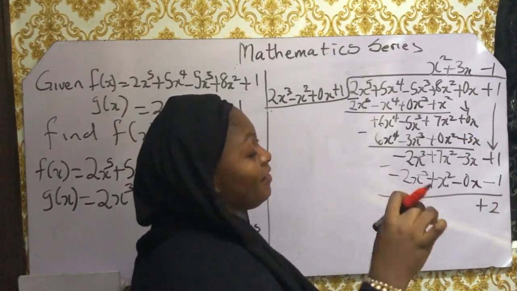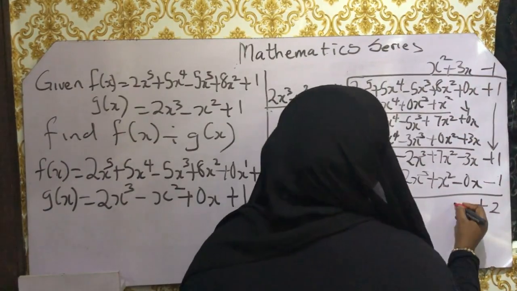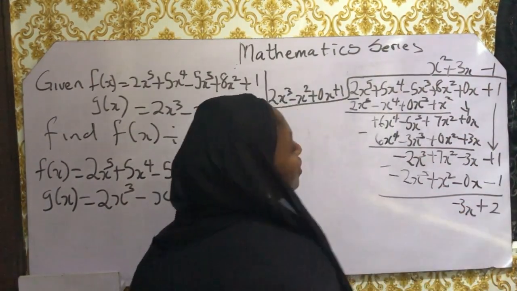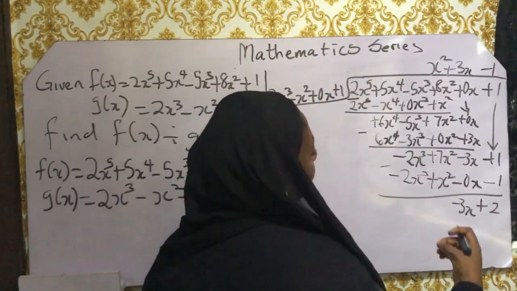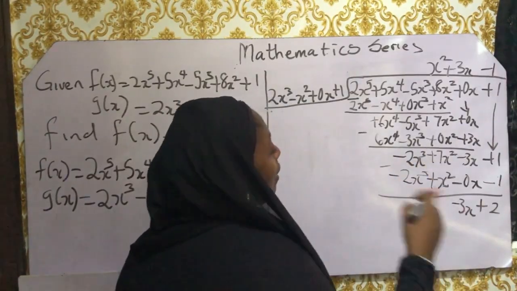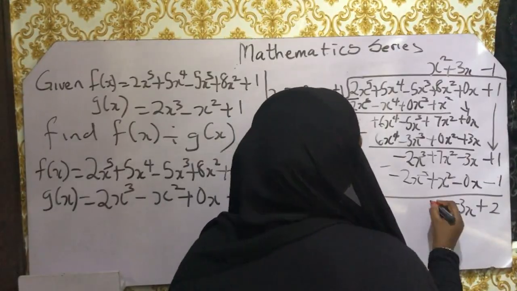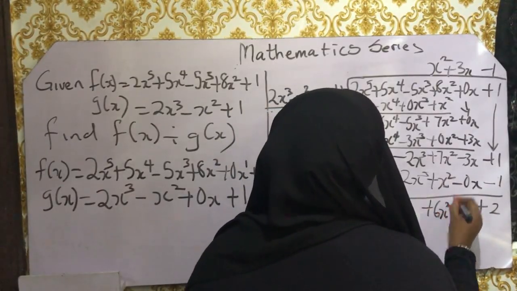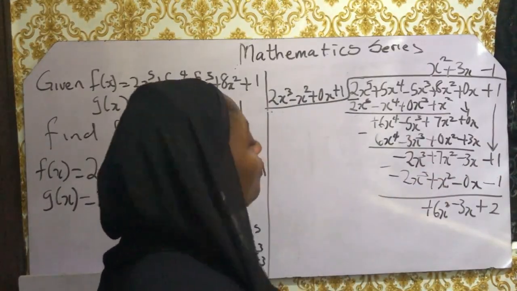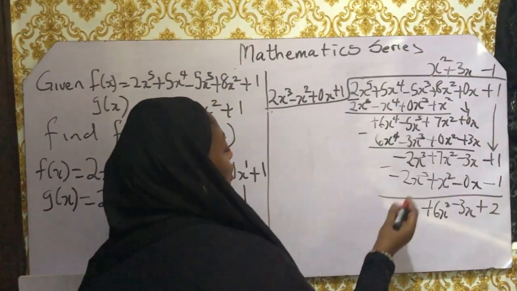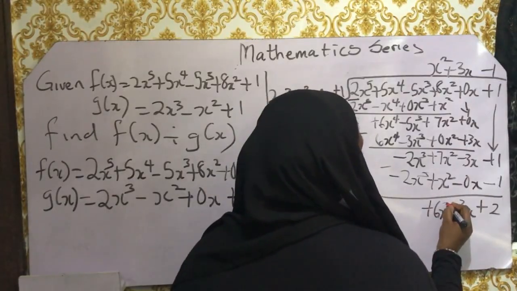Negative 3x minus 0x will give you negative 3x. Positive 7x squared minus positive x squared will give you positive 6x squared. And 2x to the power of 3 minus negative 2x to the power of 3 will give you 0. So you have 6x squared.